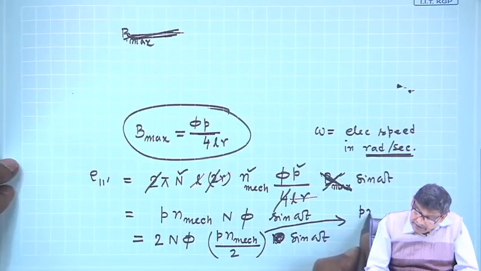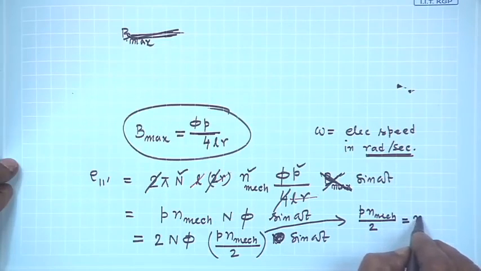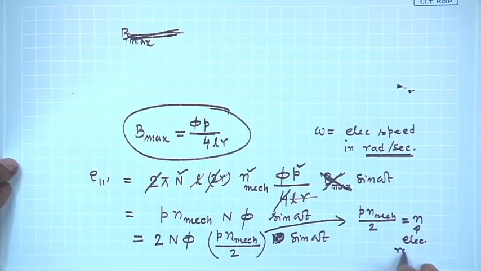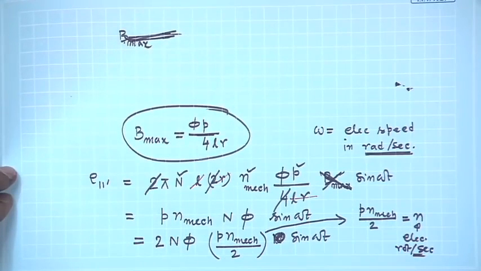So, P n mechanical by 2 is your speed in electrical rotation per second. That is the thing. So, this speed is this.